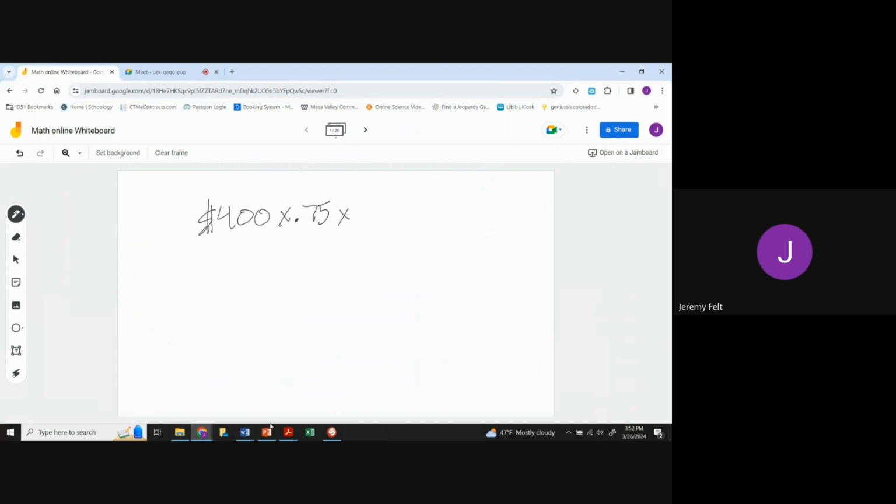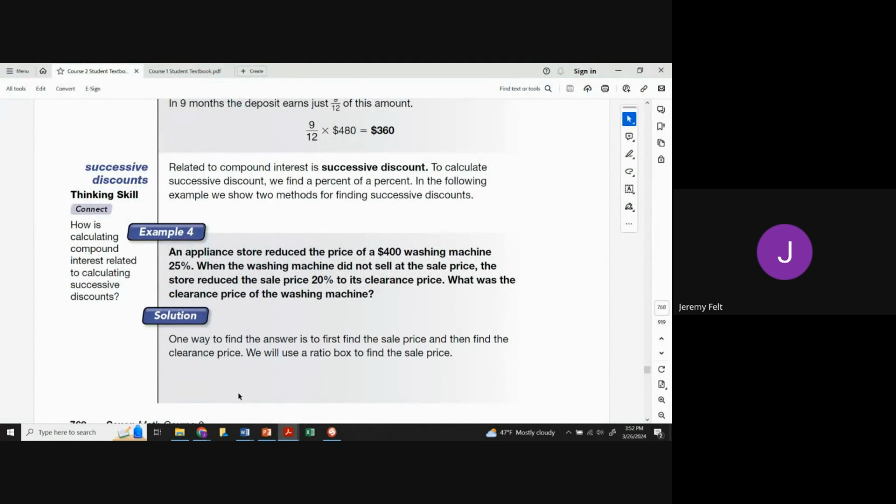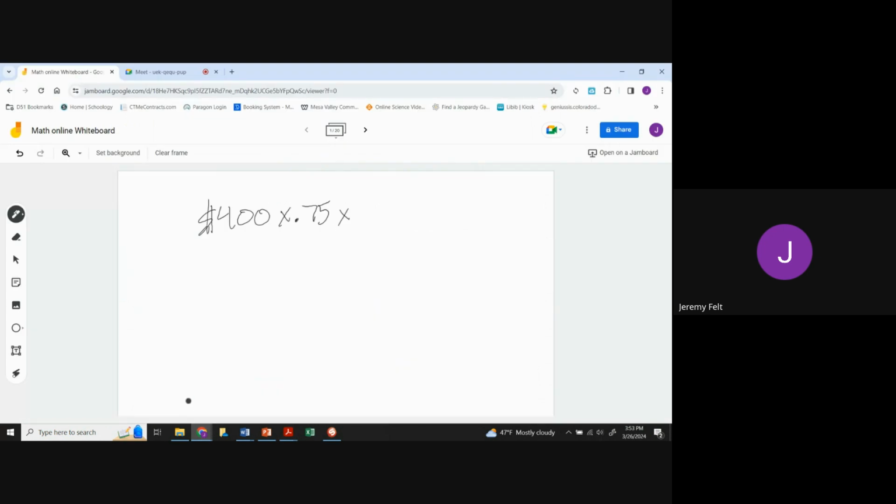And then of that, we're going to multiply it by, they reduced another 20%, which means it's 80% of this new sales price. And so again, percentage ones, just make sure you read it carefully and then make sure you convert it to decimals. We don't want to multiply by 75 and make it much larger, which doesn't make sense for a sale. So $400 times 0.75 times 0.8.